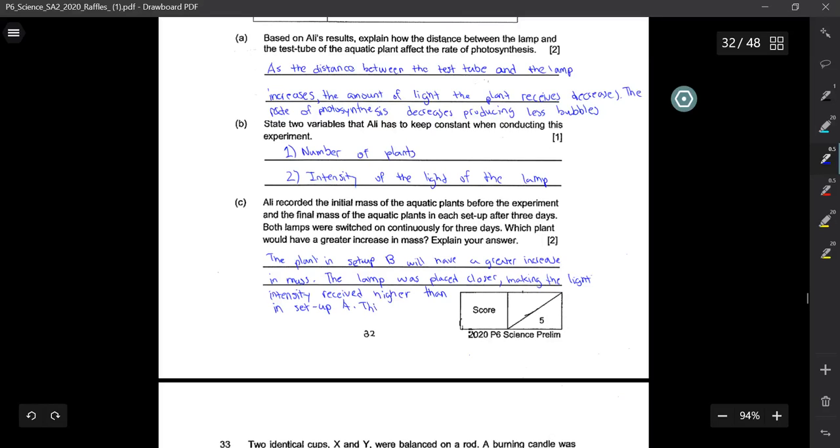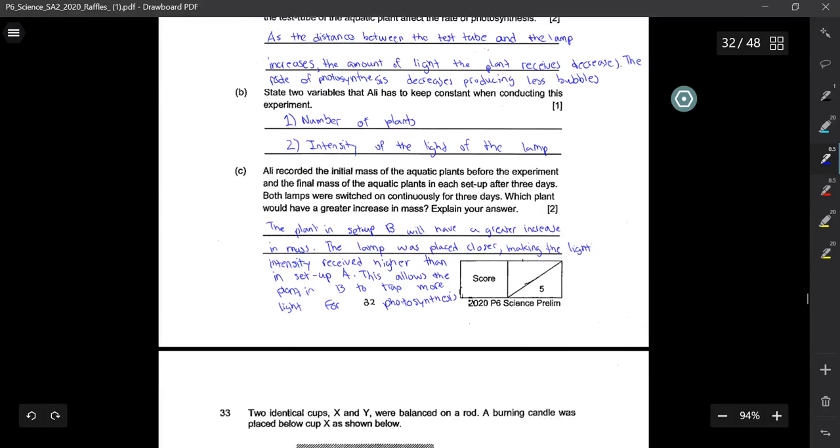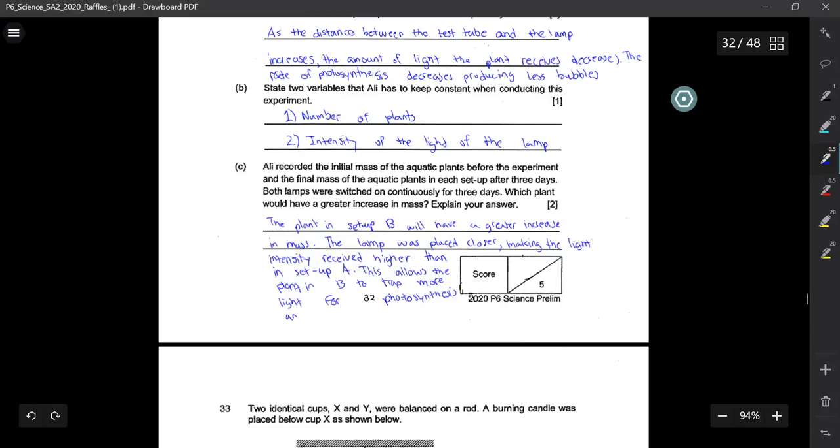And then this allows the plant in B to trap more light for photosynthesis and produce more food.